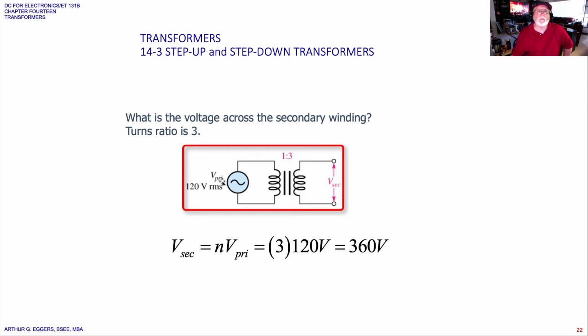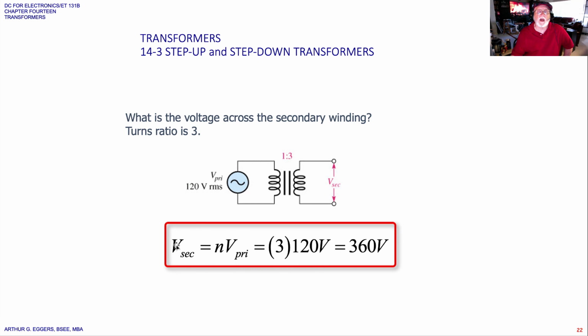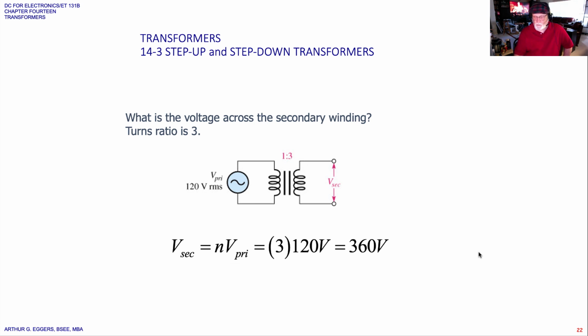We've got a primary source of 120 volts RMS, and we need to determine the output voltage. So the output voltage V secondary is equal to N times V primary, or 3 times 120, which gives us 360 volts. So you can see we've got a step up transformer.